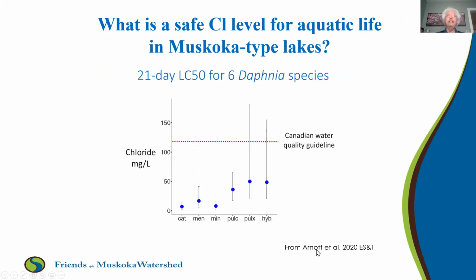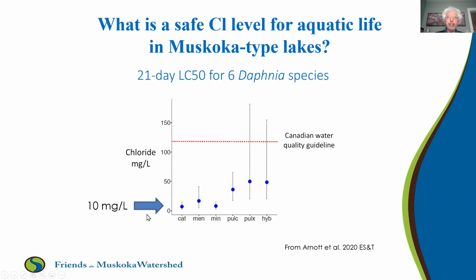Dr. Shelley Arnott and Martha Sella Salgado from Queen's University have asked the question, how toxic is chloride to 6 different species of Daphnia in soft water lakes, in lakes that have calcium levels as low as typical Muskoka lakes?